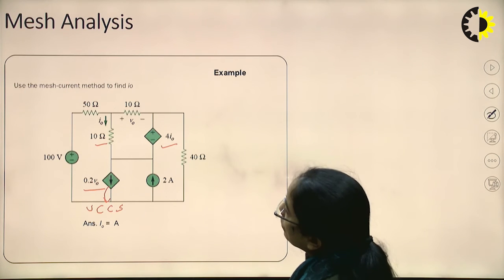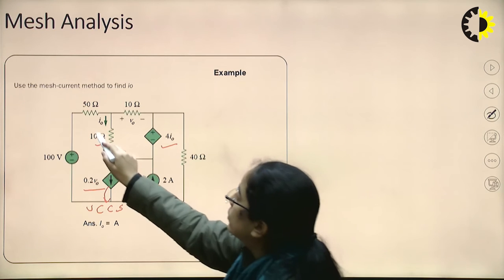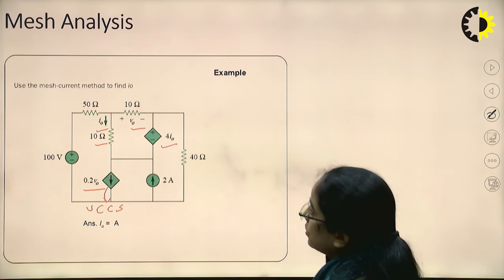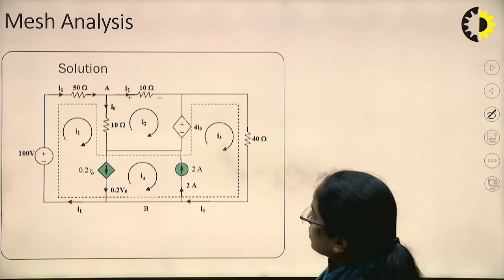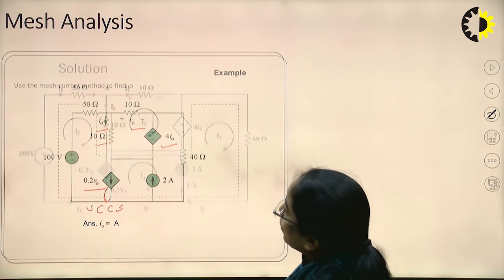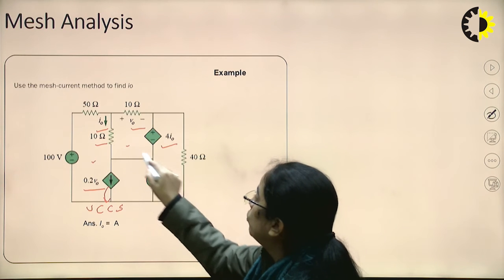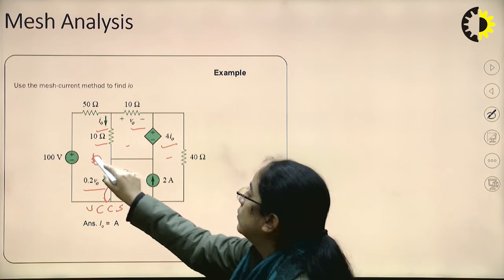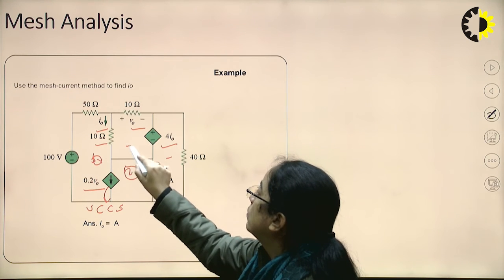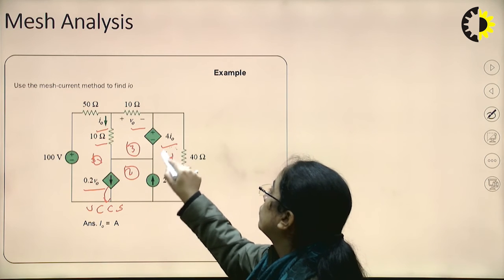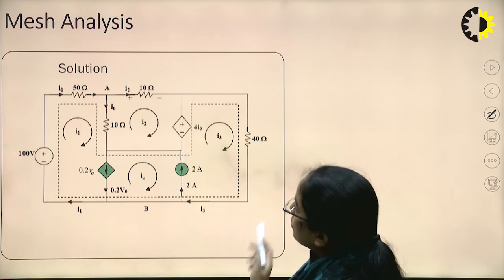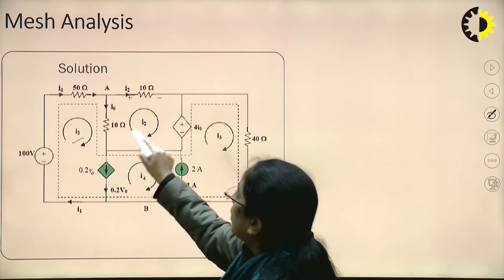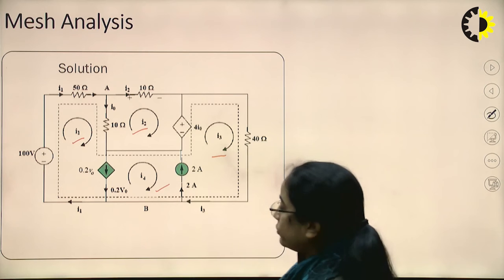So I0 is the current through this resistor and V0 is the voltage across this resistor. Now we will assume the mesh currents. Here 4 individual meshes are there, 1, 2, 3 and 4, so we assume the 4 mesh currents I1, I2, I3 and I4.